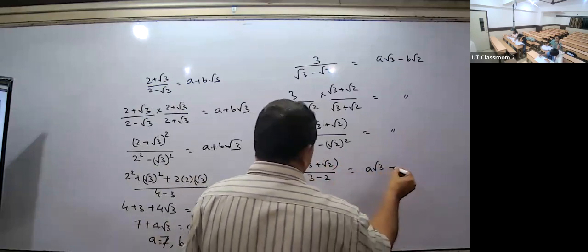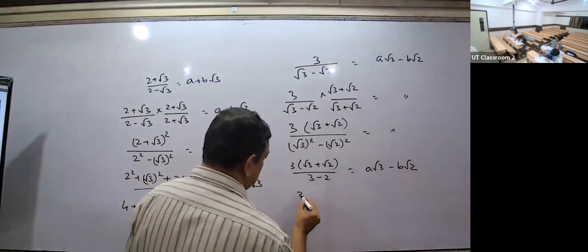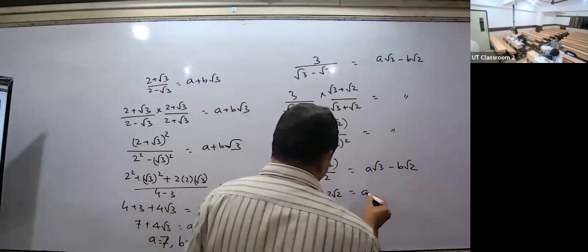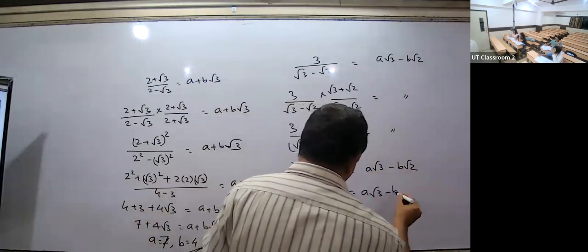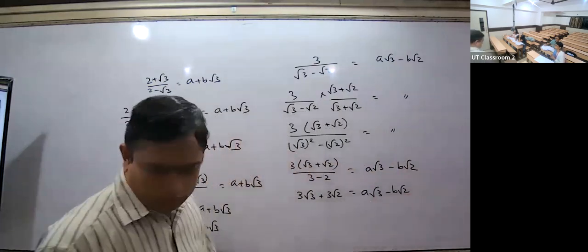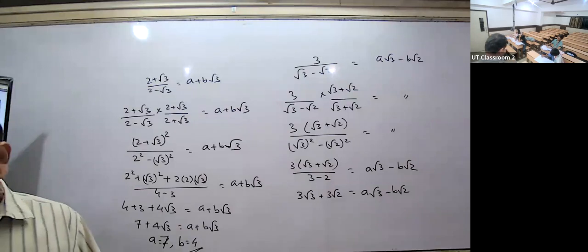This is 3 minus 2 is 1, so I can open the bracket: 3 root 3 plus 3 root 2. Check the steps now. See the step, how it is written.